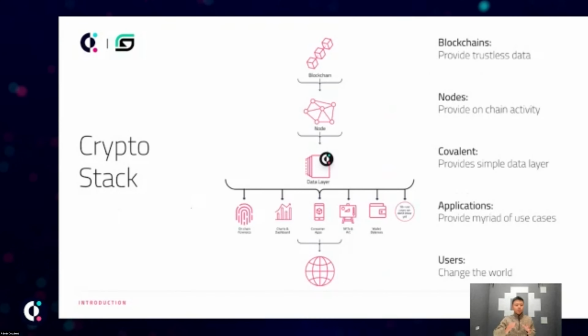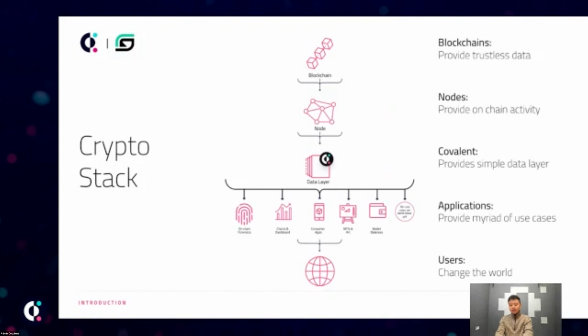So maybe I'll talk a bit about how our stack works. Obviously the blockchains themselves, Godwoken included, host the data and expose it through nodes. Then we see ourselves as this data layer, which gets these aggregated data formatted into specific use cases that are very common to what developers want, like NFT use cases and DEX use cases.